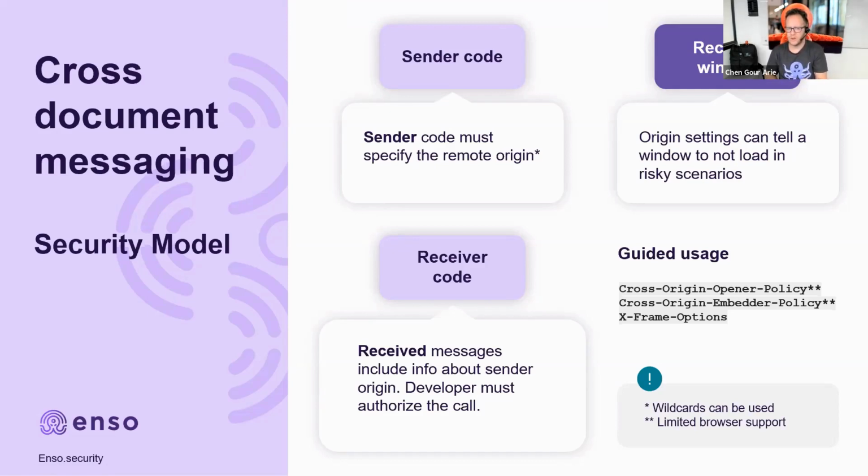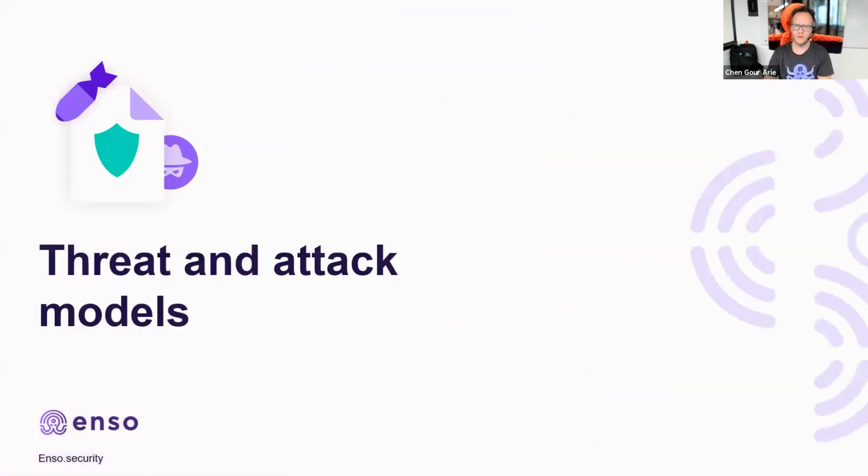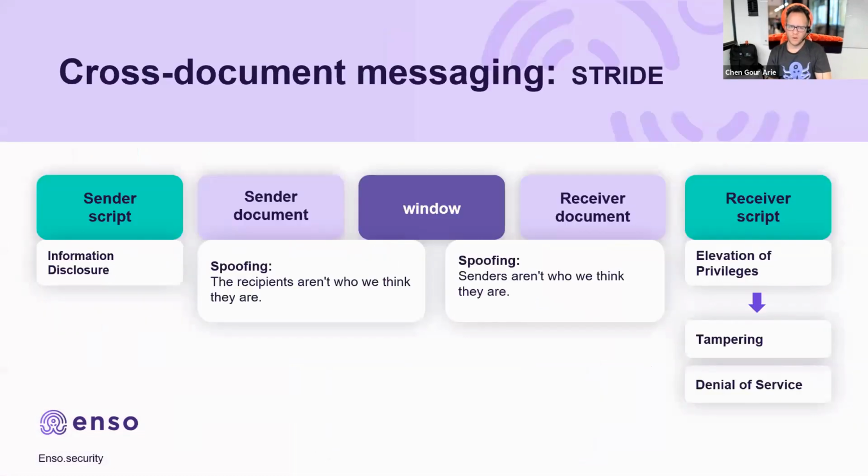And then you should be testing this and authenticating the message this way. Very simple security model. You have to test to authenticate the remote. You have to send restrictedly, and you can avoid loading yourself in risky scenarios. Something very simple, which makes it a bit more simple to do a threat model on it.